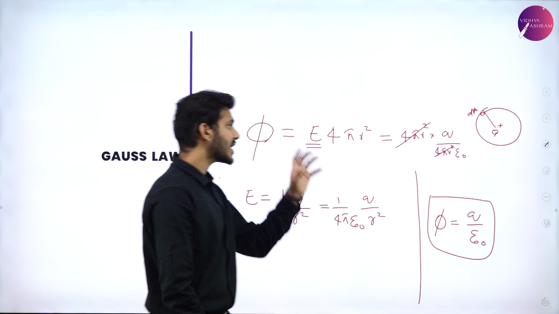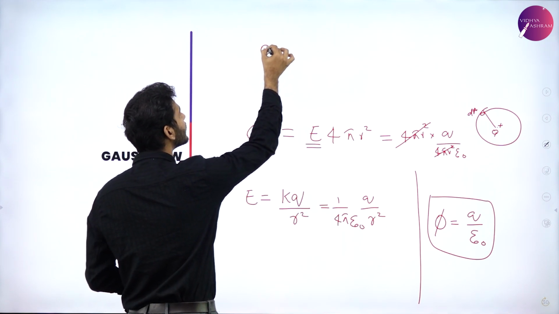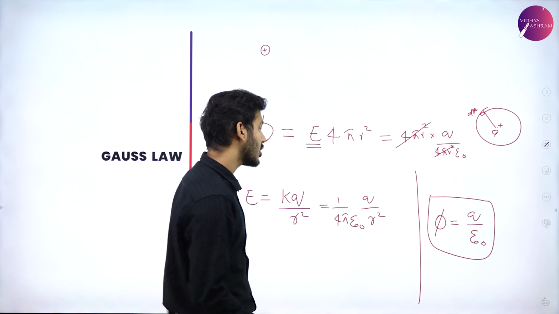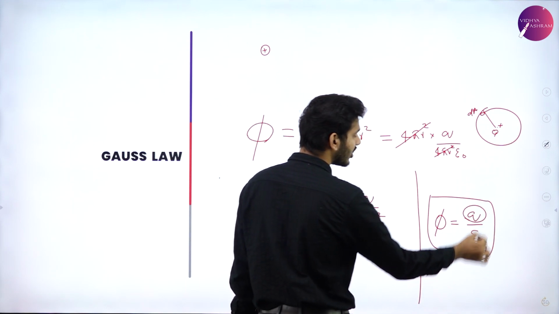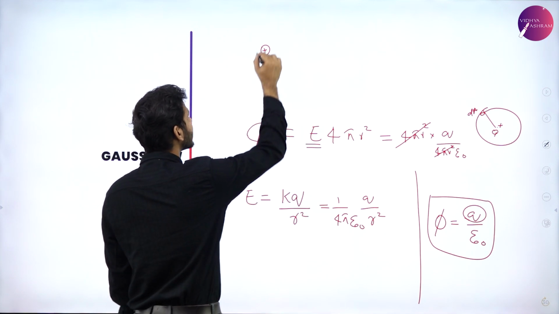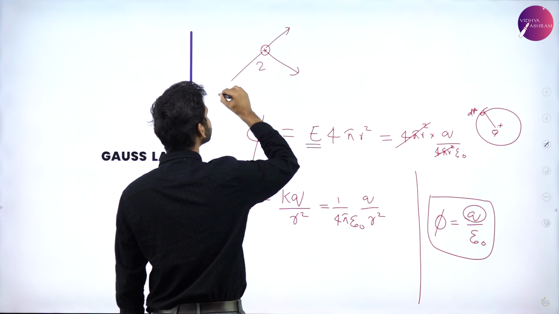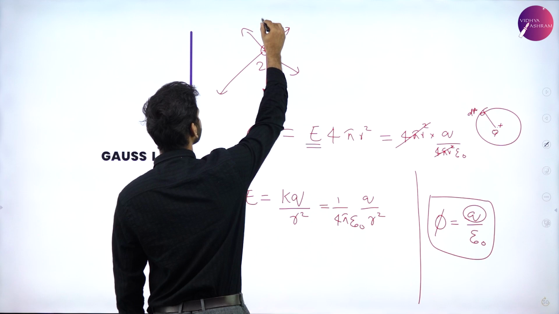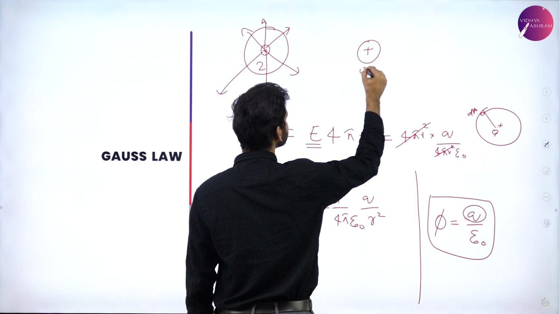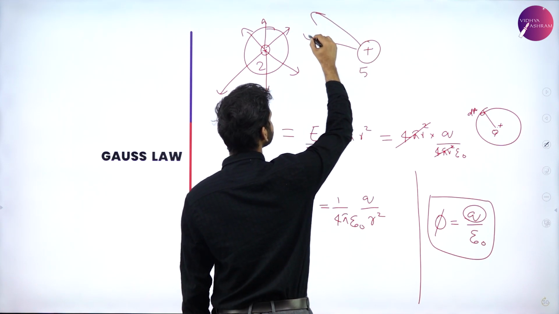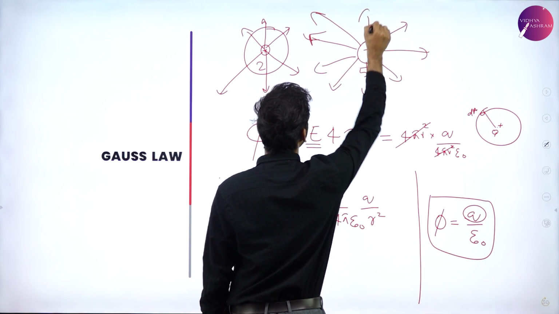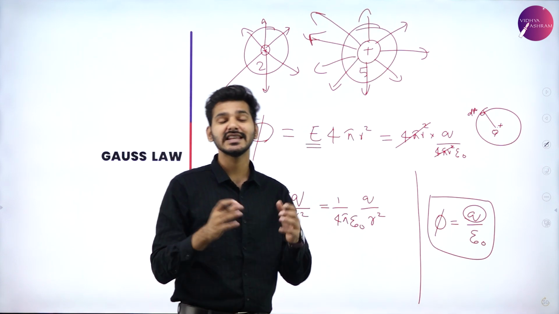It means that if we have a point charge Q, the electric flux coming out of that will be solely dependent on the charge of that particle, which means that if this is a +2 charge, then the flux coming out will be like this for a sphere, and if this was a +5 charge, then the flux coming out of this will be much stronger, and that is solely dependent on the magnitude of the charge and is independent of the area.